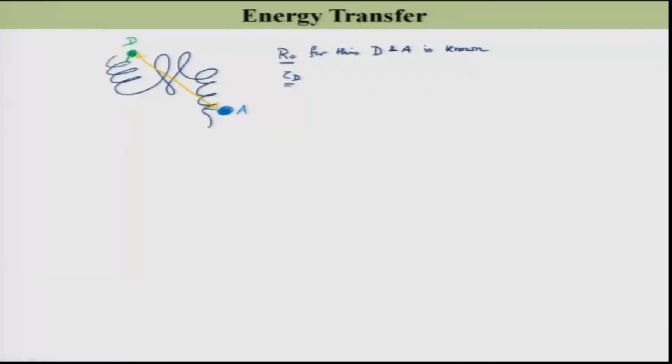So, in case of incomplete labeling, what happens is that some proteins are labeled only with D, no A, right, no A. In that case, what will happen?